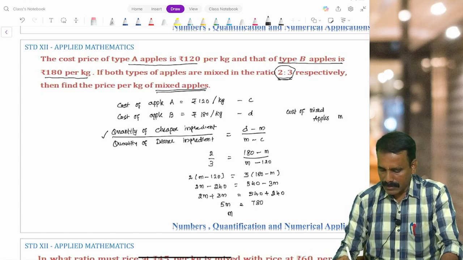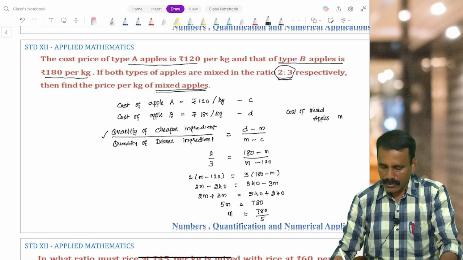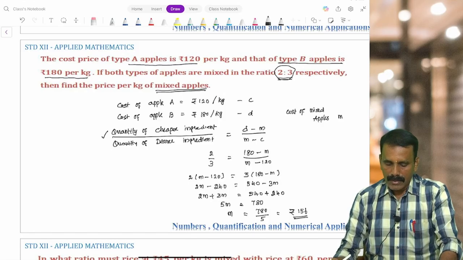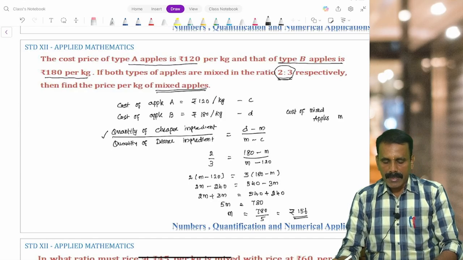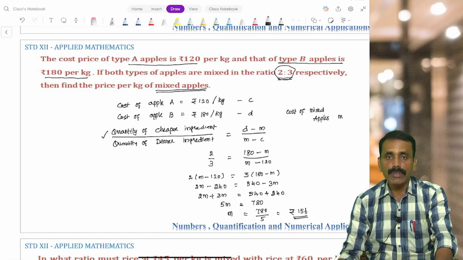So M is equal to 780 divided by 5. So 780 when you divide by 5, it is going to be rupees 156. So the price per kg for the mixed apple will be 156 if you mix in the ratio 2:3.